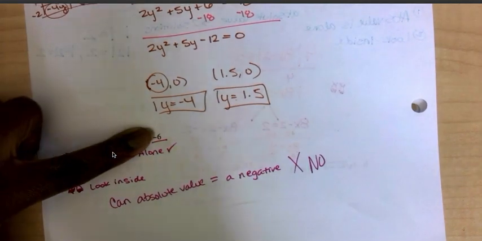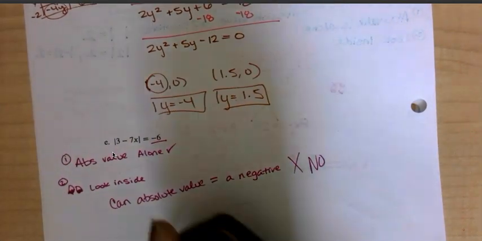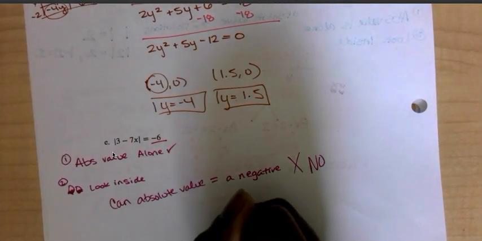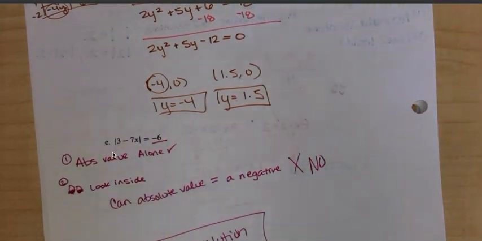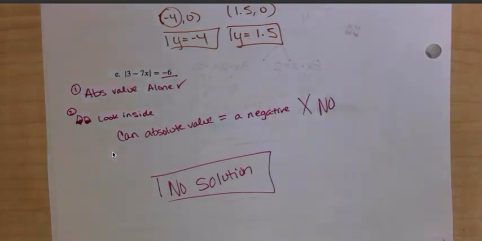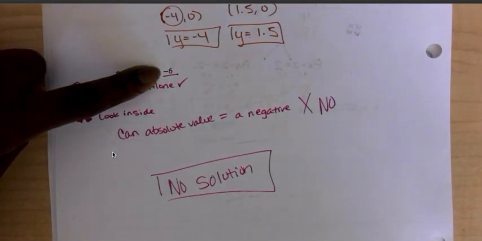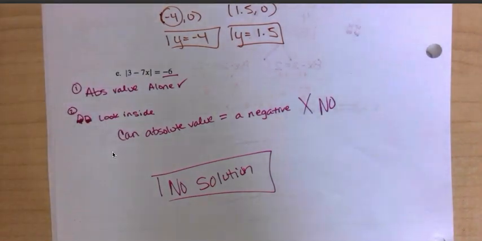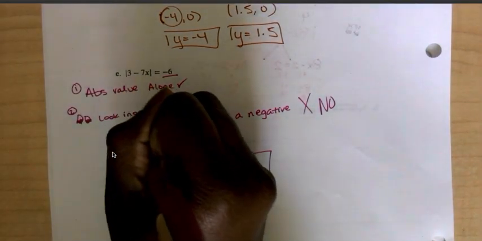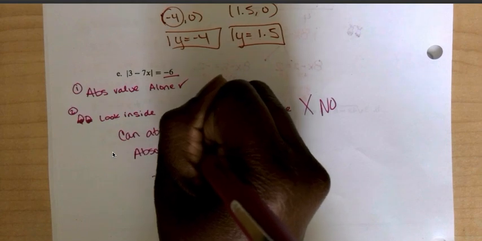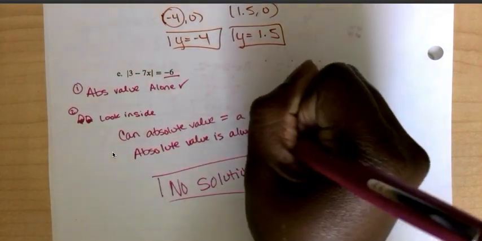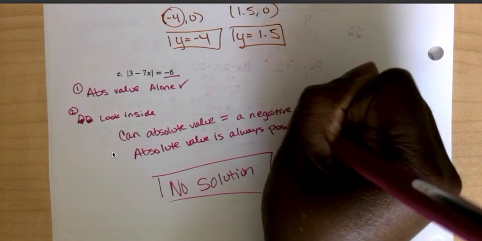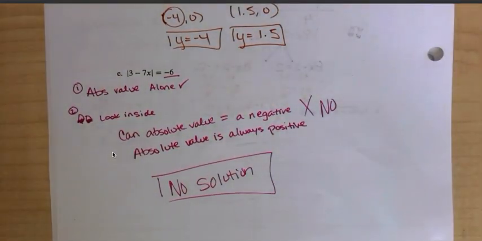And so since it can't be negative, this answer, without doing any work, is no solution. Because looking inside, we know that our answer cannot be negative because absolute value is always positive.